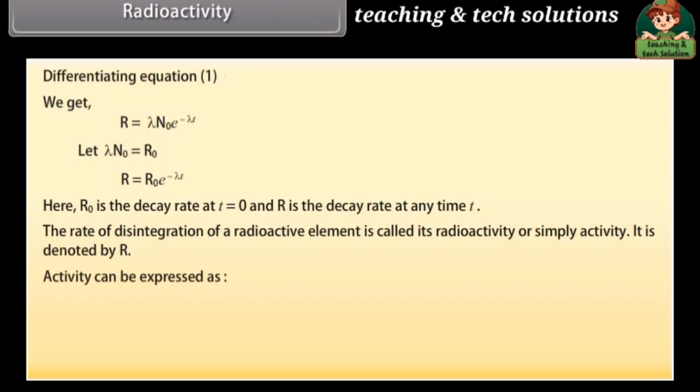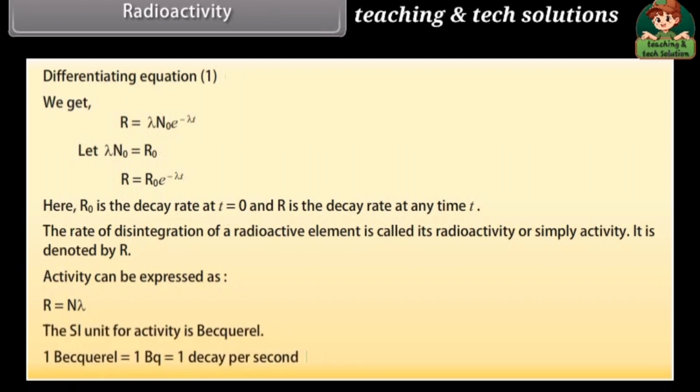Activity can be expressed as R = Nλ. The SI unit for activity is becquerel. 1 becquerel = 1 Bq = 1 decay per second. Radioactivity.